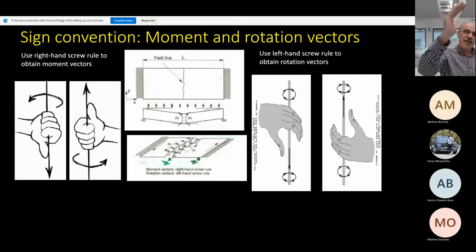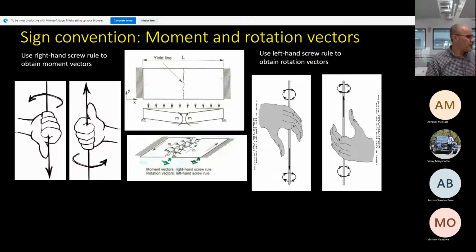You make an anti-clockwise movement, and then your thumb will give you the direction of the vector. Is that clear now? That's the vector moment. So your moment here is now described by this vector. So you converted the moment into a vector.